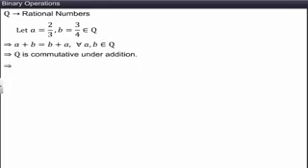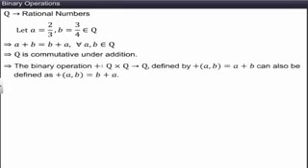Hence, the function addition from Q cross Q to Q, defined by plus of A comma B is equal to A plus B, is a binary operation.